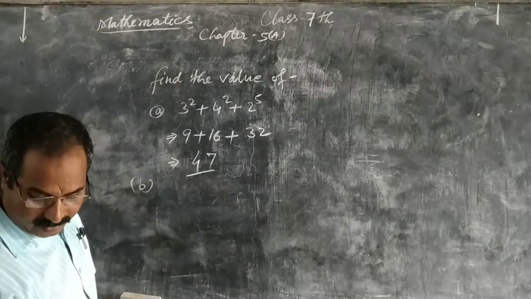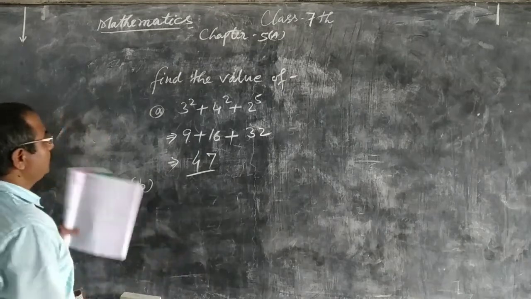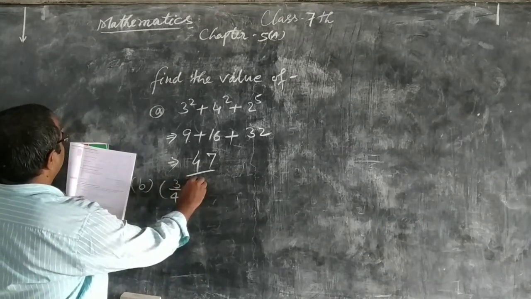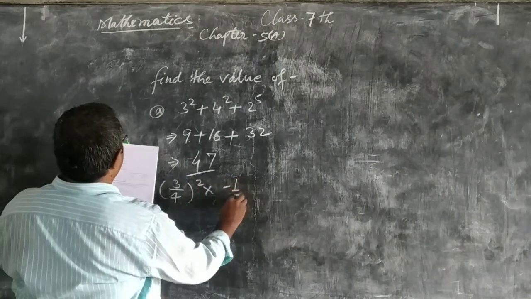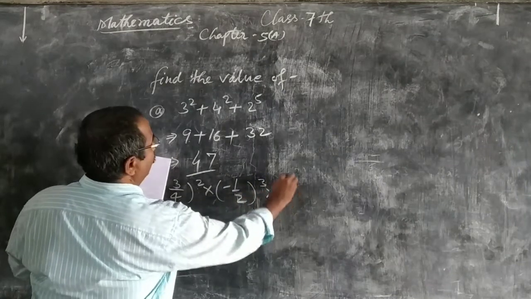Some more questions. If it has given (3 by 4) to the power 2 into (minus 1 by 2) to the power 3 and 2 to the power 3.